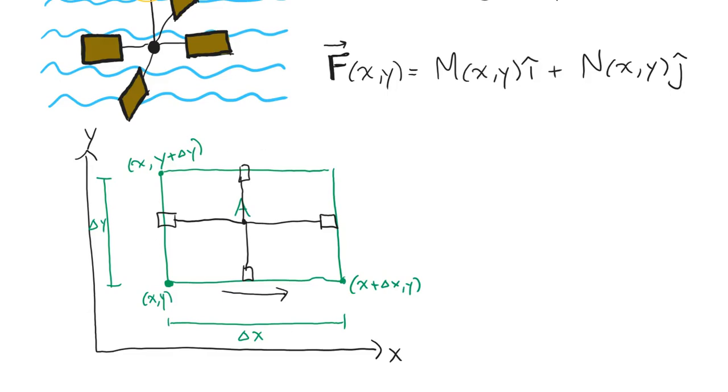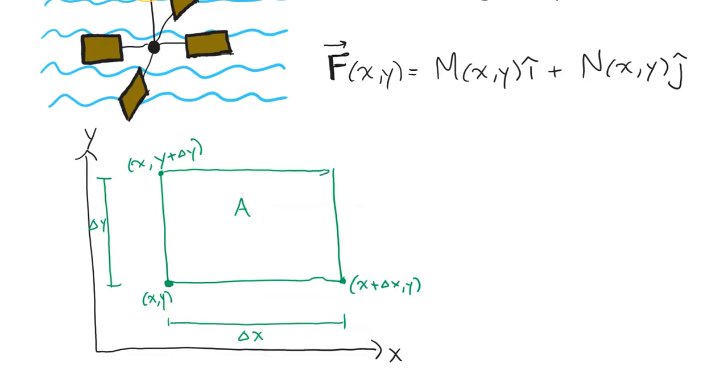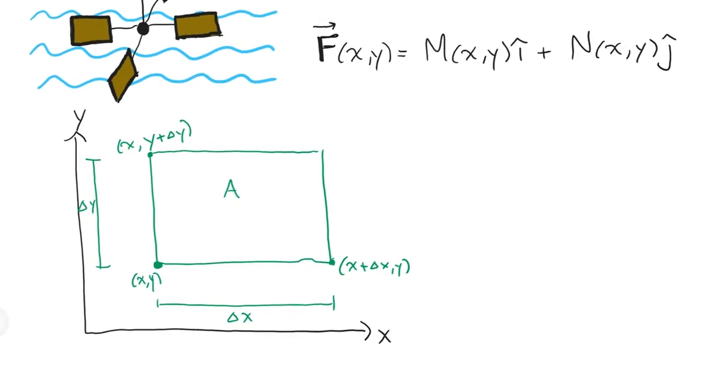And then if we do that, then we can apply a limit to that value to allow A to become sufficiently small, so A would shrink down until it becomes infinitesimally small, and then by applying that limit we will not find the circulation about the area A, but rather the circulation density at the point x comma y.